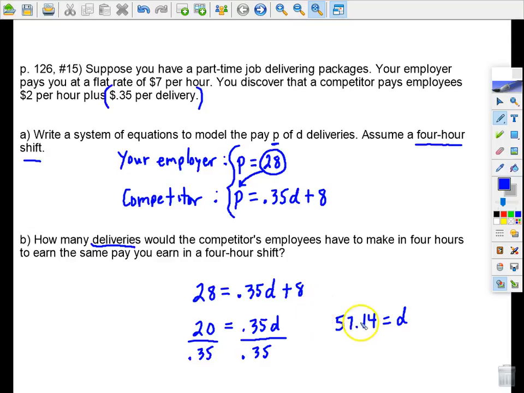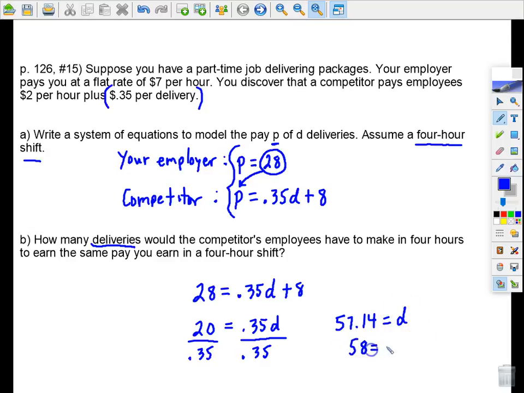Well, since we're talking about a number of deliveries, obviously we would not have a fraction of a delivery. Since it's a little bit more than 57, if you rounded to the nearest whole, that would be fine. We could say 57 deliveries, or you might be thinking, since it is just a little bit more, let's just go up to the next delivery number.